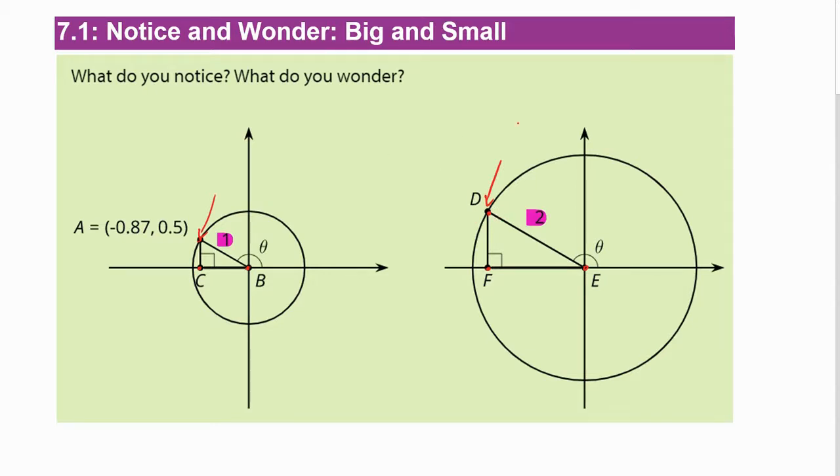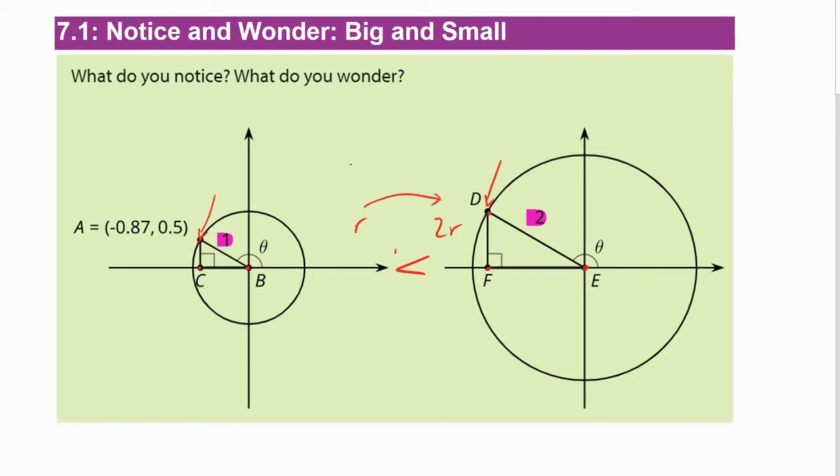Hopefully you realize that this circle right here is much larger, right? How much larger? The radius here is 1, but the radius over here is 2. It's 2 times bigger. So could you see that being a dilation?